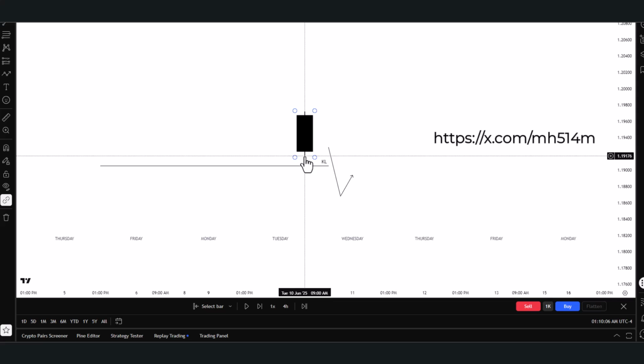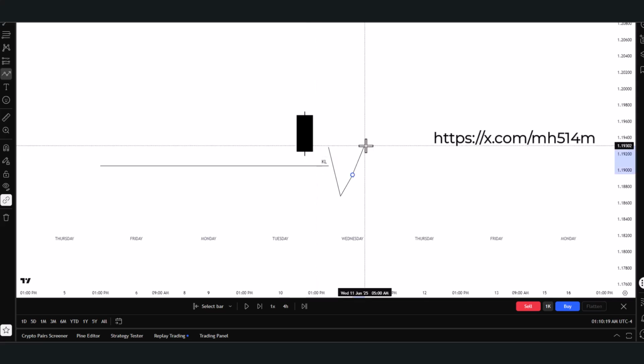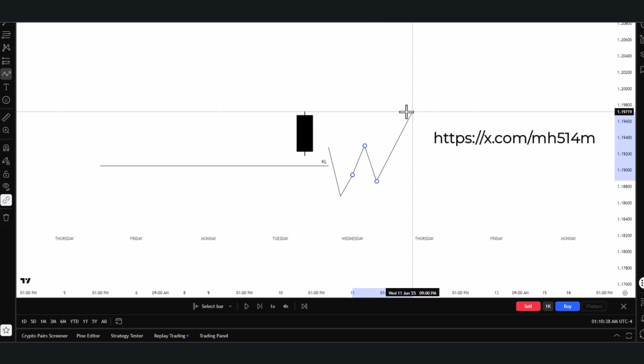Then our entry is not valid. Entry will be valid only when on M15 price closes inside the 9 pm candle, then this CISD or order block will be valid. Then we will set a buy limit here. Then price will take our buy and then go for our CRH or target.